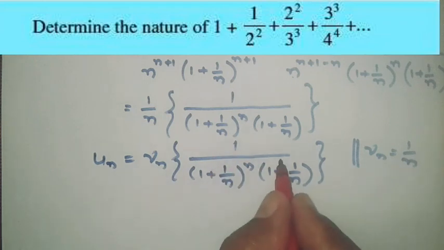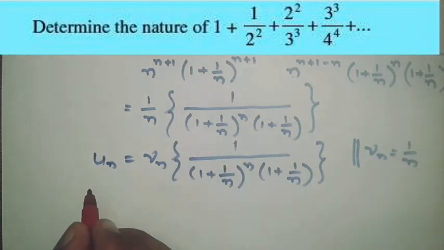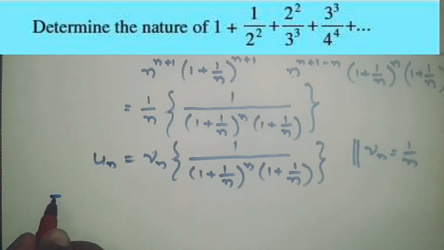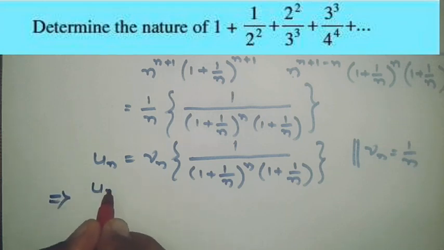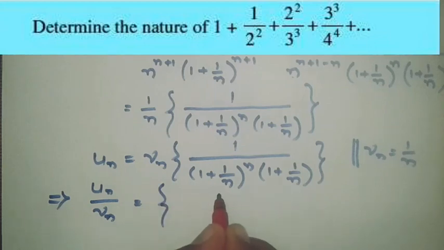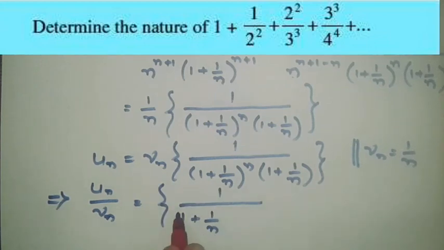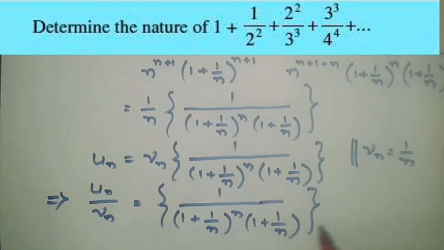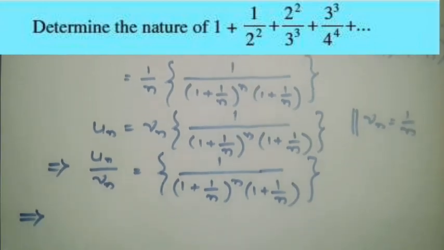Now the remaining thing is here. Let us take this Vn to the left hand side, it comes to the denominator. So this implies un divided by Vn equal to the bracket remaining as it is, that is 1 divided by (1 plus 1 by n) whole to the power n, into (1 plus 1 by n). So now we have to take the limit as per the statement of the comparison test.